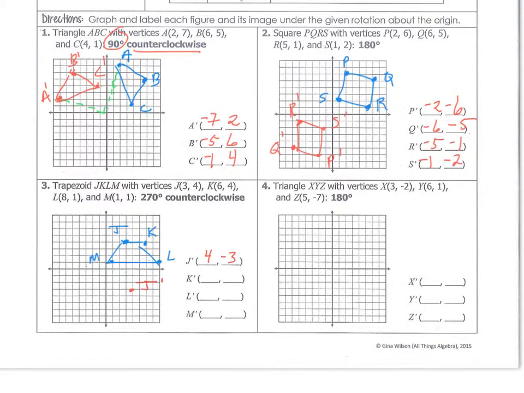If I connected a line from the origin to J, and from the origin to J prime. Doesn't this look like a 90 degree angle here? Right? So if that's 90, then from here to here is the 270 degree rotation. So it does work. So we're going to finish off our other ordered pairs.